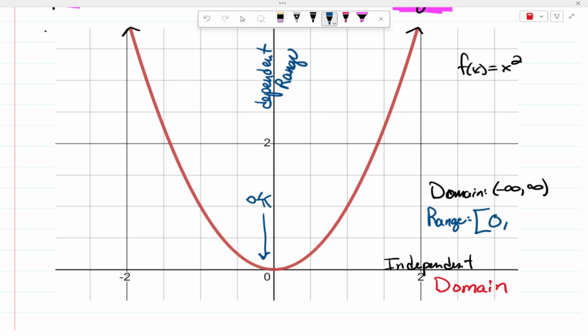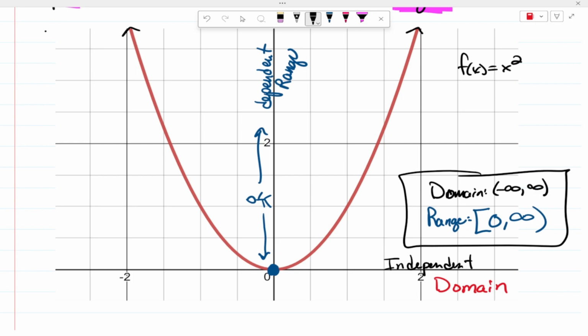And I use the bracket because I can include 0 because this point right here at the origin is defined, meaning it's included. So that's the lowest I can get. However, if I walk up, notice that since both arrows keep going up to positive y values, this will go to positive infinity. So this is what we really mean by domain and range.